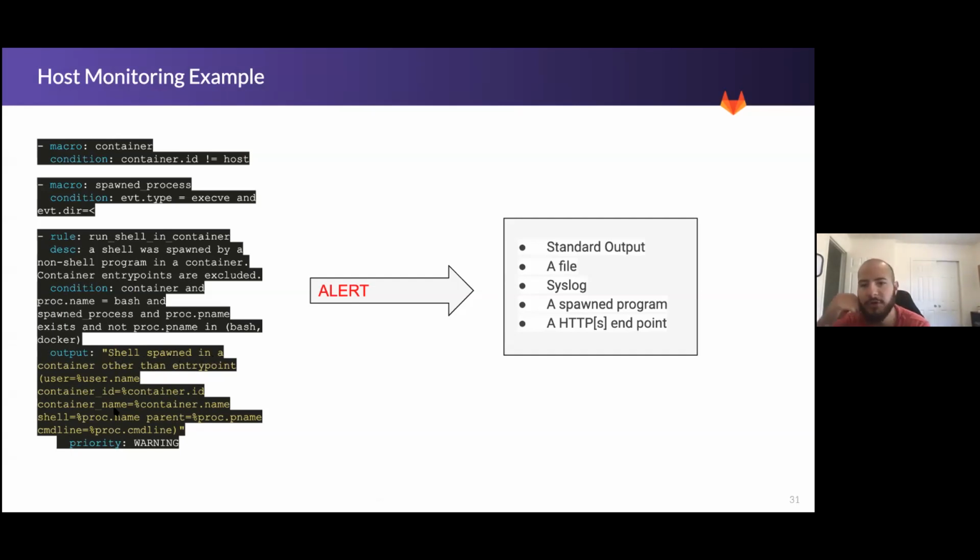So it'll show you that someone is in a container and running a shell, meaning this is something that shouldn't be done within our security policy, and we're going to alert on that. Then we alert to standard out, a file, or syslog, or we can even send a request to an endpoint. From there, we can act and perform whatever we need to. These rules can be configured in many ways, and there are many different rules for exactly what's going on within a container.